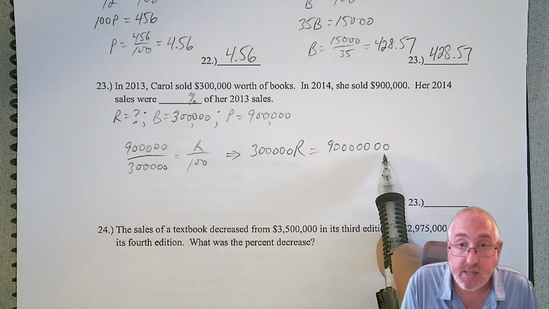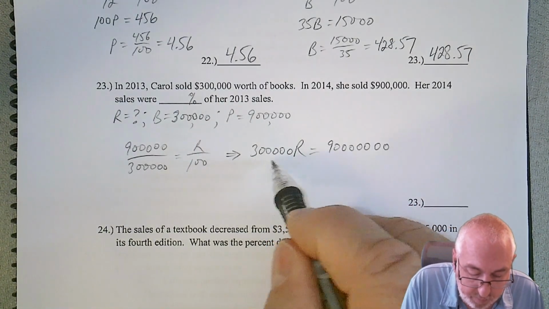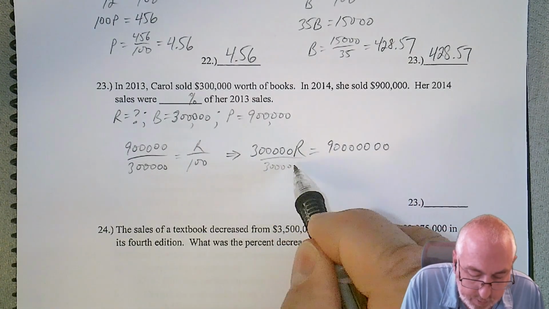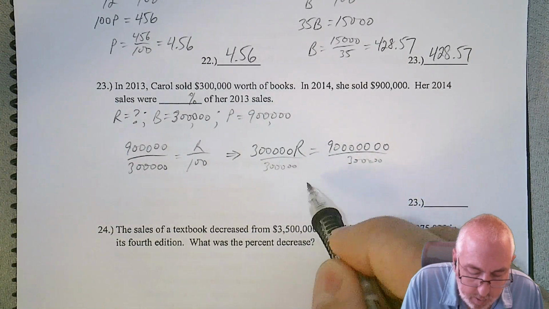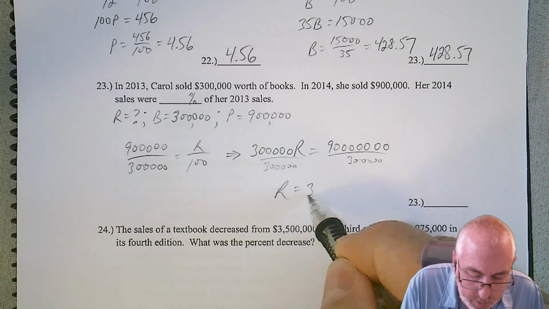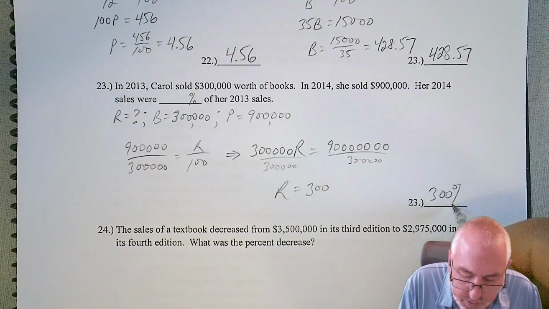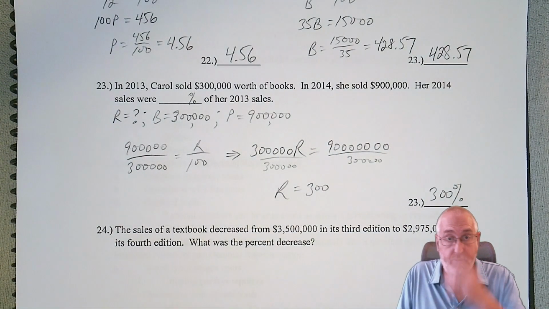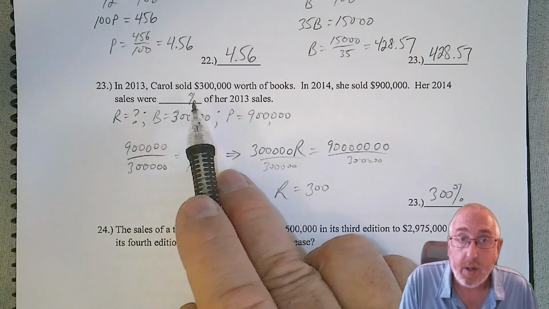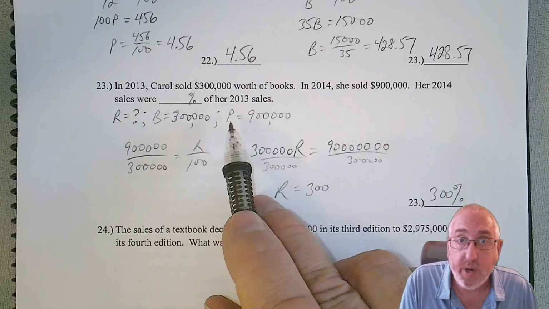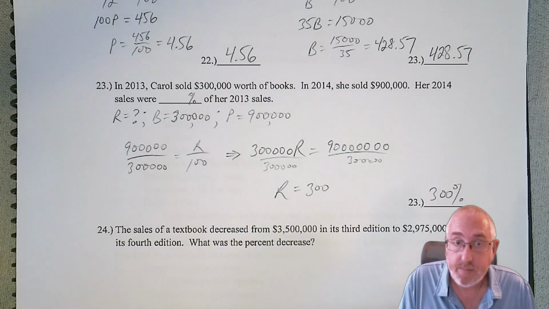So we're good there. And so now if we divide both sides by the 300,000, then R should be 300. So 300% increase. Well, I shouldn't say increase, but 300% of her 2013 sales. It's 3 times as big, so 300%.